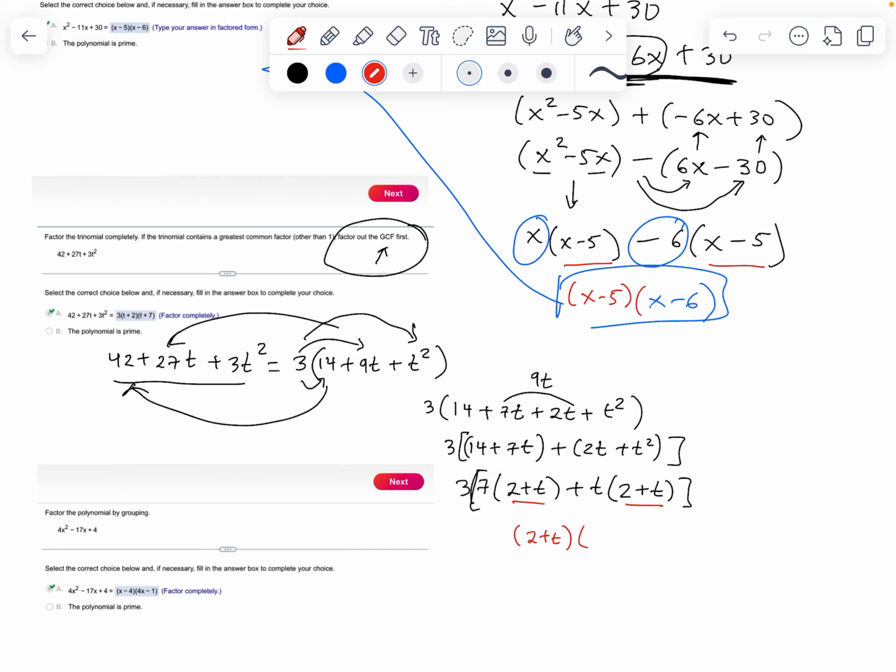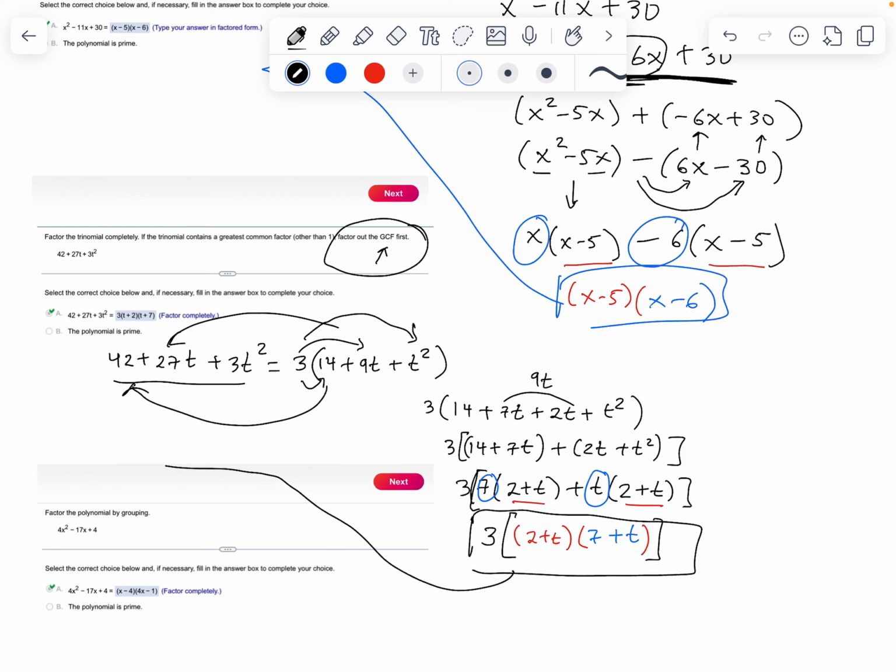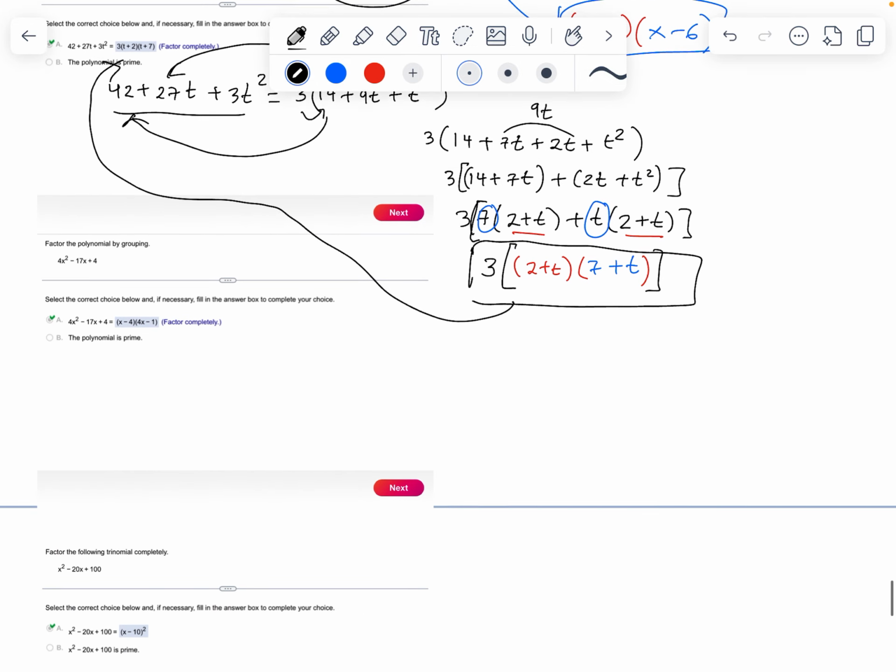So 2 plus t, and inside here, I'm left with the 7 and the plus t. And then don't forget, outside of everything, we had a 3. So that's the final answer.